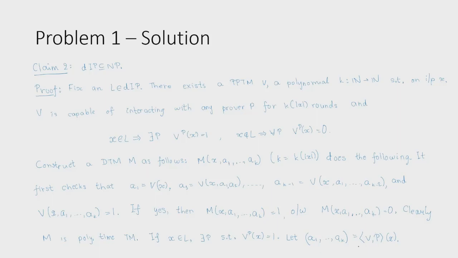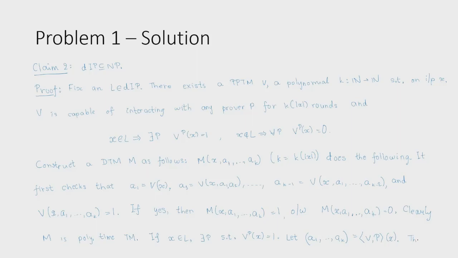On the RHS, when I write V and P in angular brackets, I mean that this is the interaction of V and P on input X. A1 to AK equals the interaction of V and P on input X means that the first message was A1, the second message was A2, the third message was A3, and so on. Okay, so let A1 to AK denote the interaction of V and P on input X.